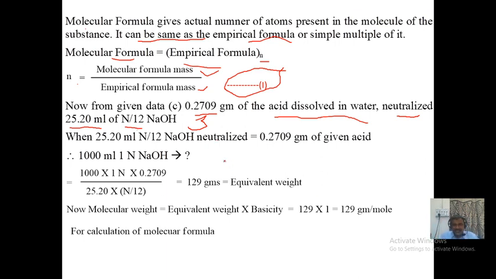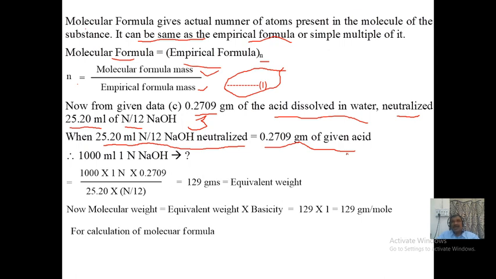See, friends, I can assume that you know the understanding of equivalent weight, normality, molecular weight and all that. In that connection, listen to me. 25.20 ml N by 12 NaOH neutralized 0.2709 gram of the given monobasic acid.